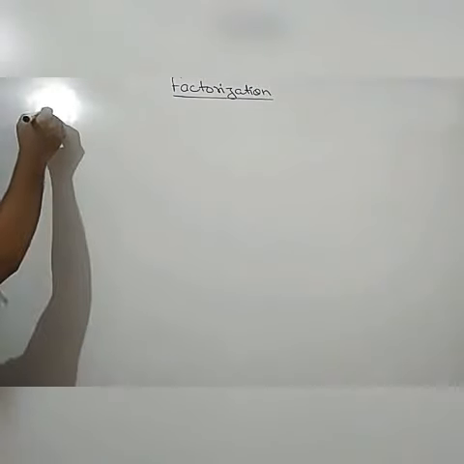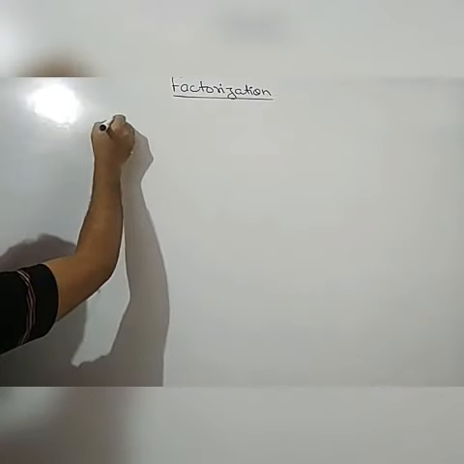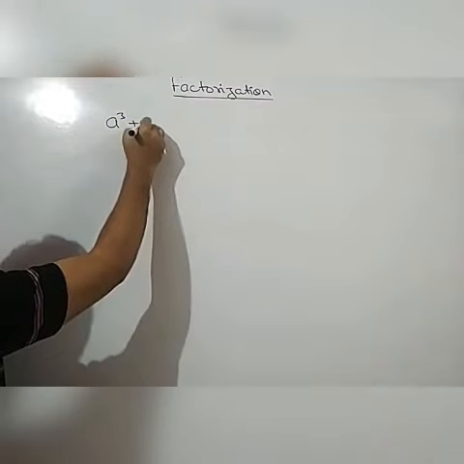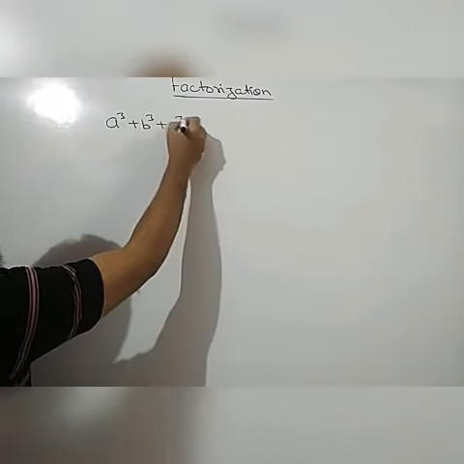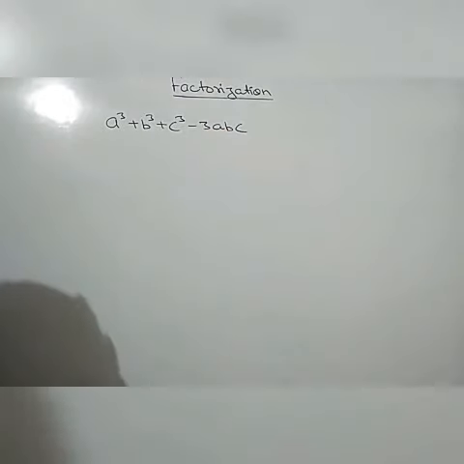That identity is: a cube plus b cube plus c cube minus 3abc. This is a new identity.